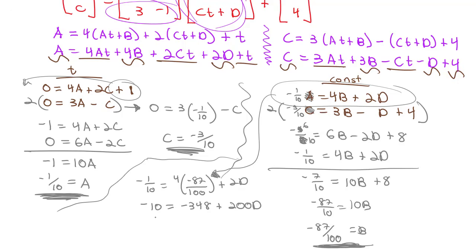Add the 348 to both sides. We get 338 equals 200d. Divide by 200. And I think we get 169 out of 100.